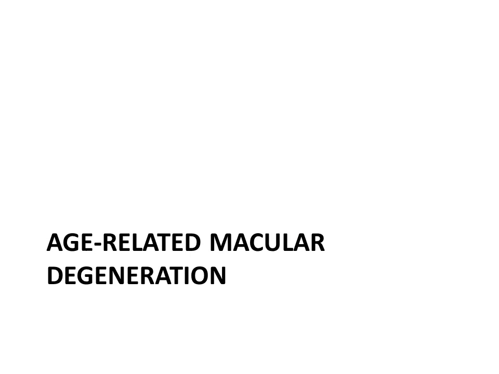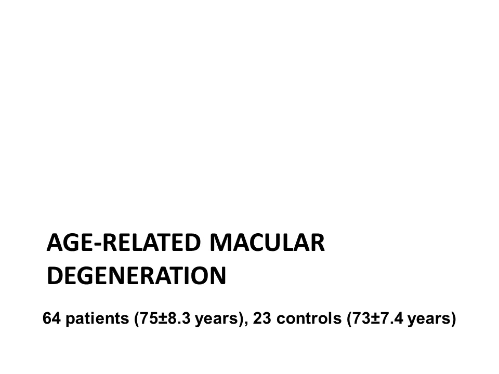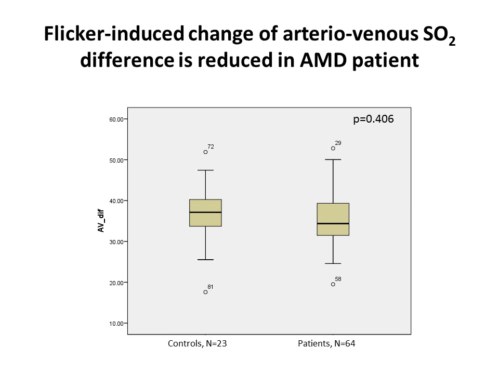The last study we did was in age-related macular degeneration patients. Briefly, we had 46 patients and 23 controls, again age-matched, and if we compare them, there was no difference in the arterio-venous difference of the oxygen saturation between the controls and the patients.